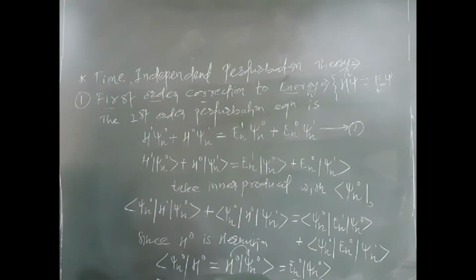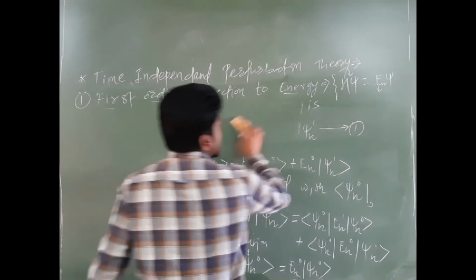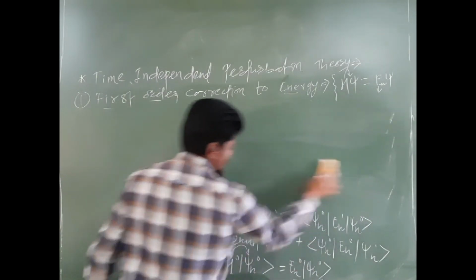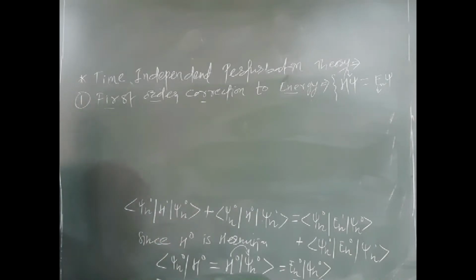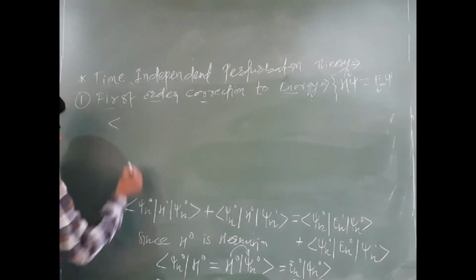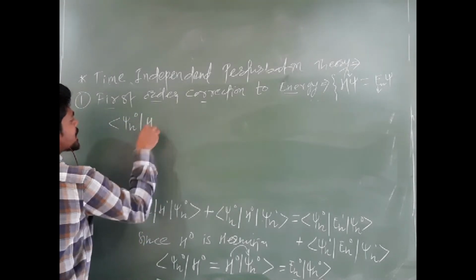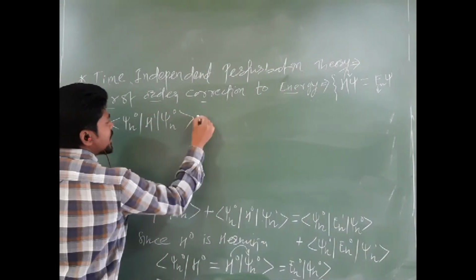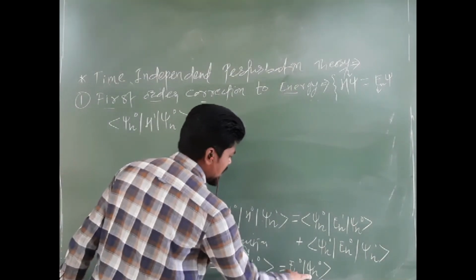Okay, so what will I get here? I will just erase these equations such that I can write other equations. So this term I will keep as it is: Bra notation of psi n naught, h prime, psi n naught. Okay, plus now here E n naught psi n naught.